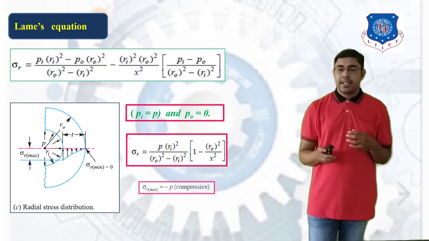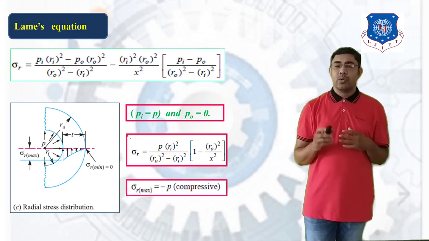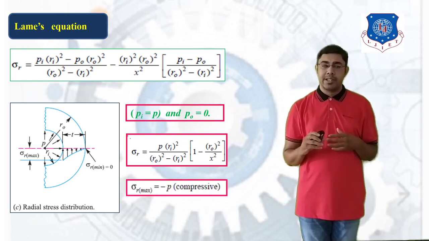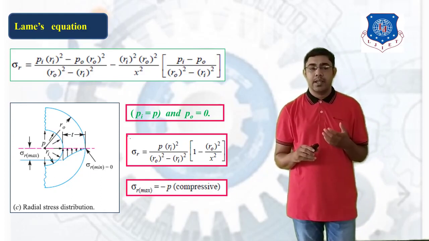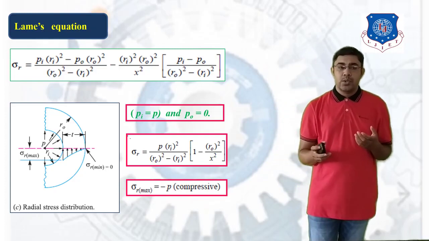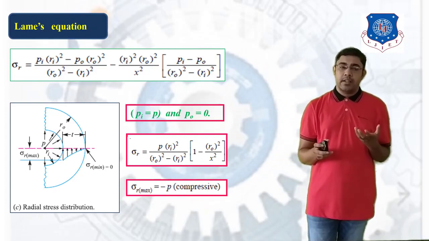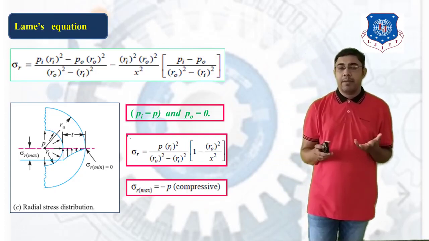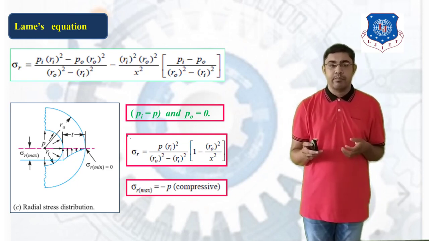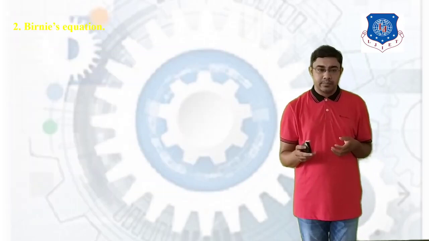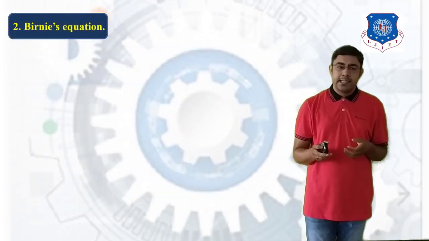So we get the maximum radial stress is equal to minus P, and that is compressive. And minimum radial stress sigma R minimum is equal to 0. So you can find sigma R max is equal to minus P, it is compression.